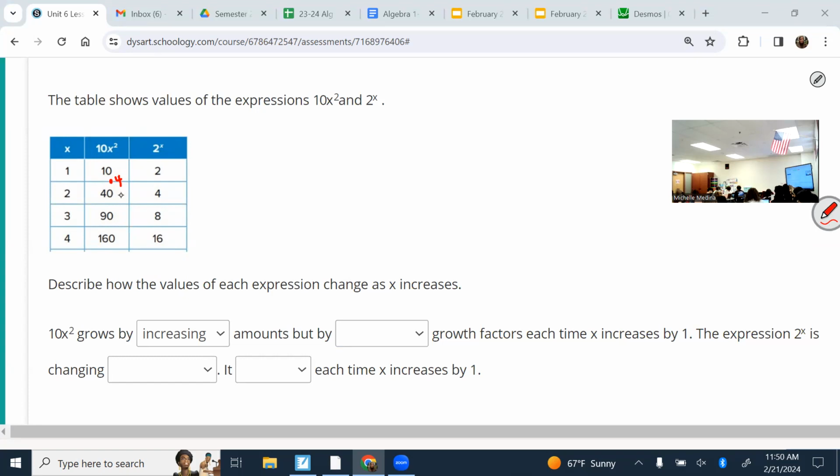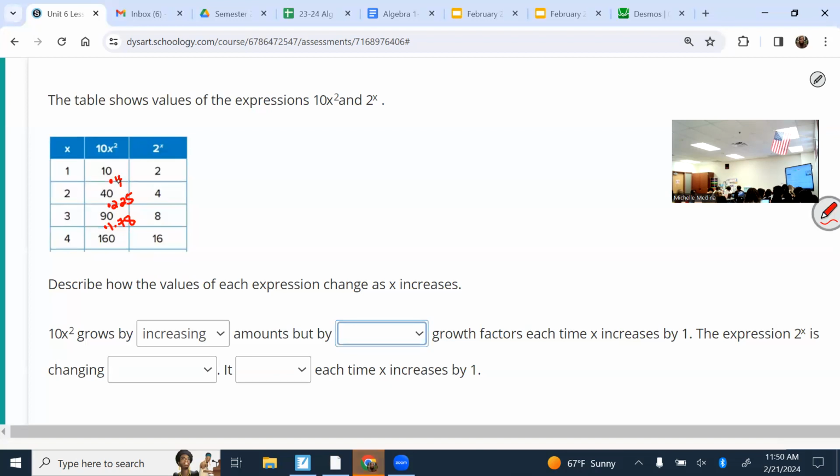So I did 90 divided by 40. So timesing by 2.25 would give me from 40 to 90. From 90 to 160, so I'm going to do 160 divided by 90. It's like 1.7 repeating. I'll round it to this.